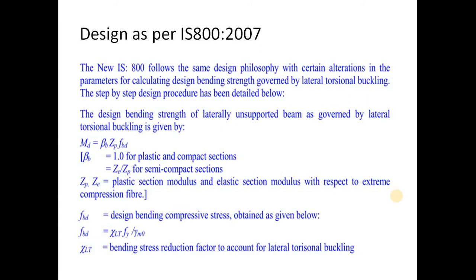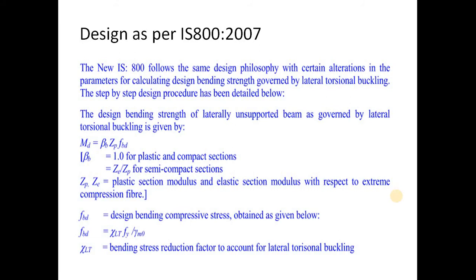The design bending strength of a laterally unsupported beam as governed by lateral torsional buckling is given by this formula, that is, Md is equal to beta b into Zp, the plastic section modulus, multiplied by fbd, the design bending stress, and this beta b is 1 for plastic and compact sections, or it is Ze divided by Zp for semi-compact sections.